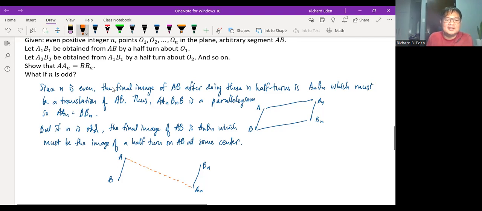Because A sub n and B sub n, instead of being opposite sides of a parallelogram, they're going to be diagonals of a parallelogram. And given a parallelogram, the diagonals are not necessarily congruent.